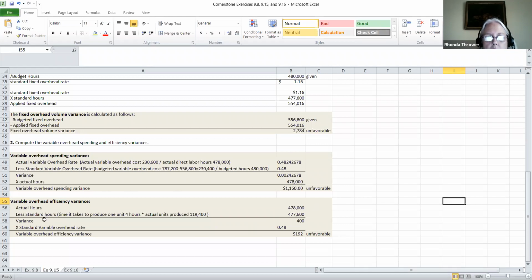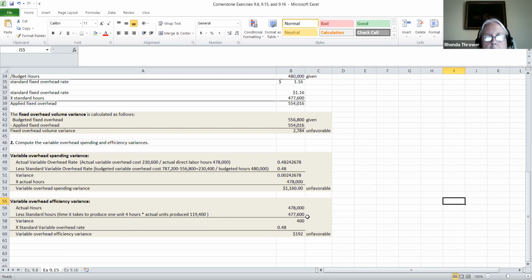Remember, to find the standard hours is the time it takes to produce one unit, which is 4 hours, times the actual units produced, which were 119,400. This amount was given, but remember earlier we had to find out how much time it took to produce one unit, and it was 4 hours. When you multiply these, that gives you the standard hours.